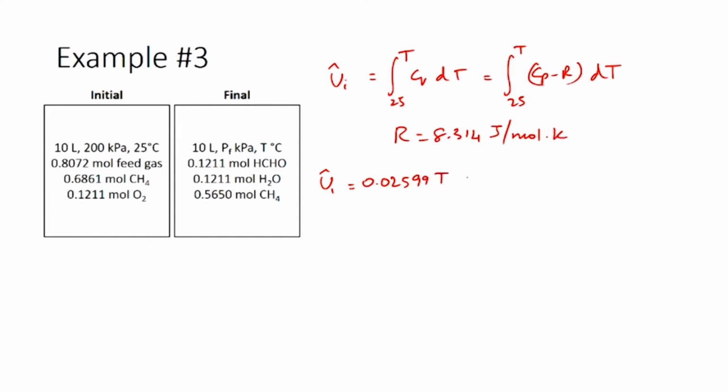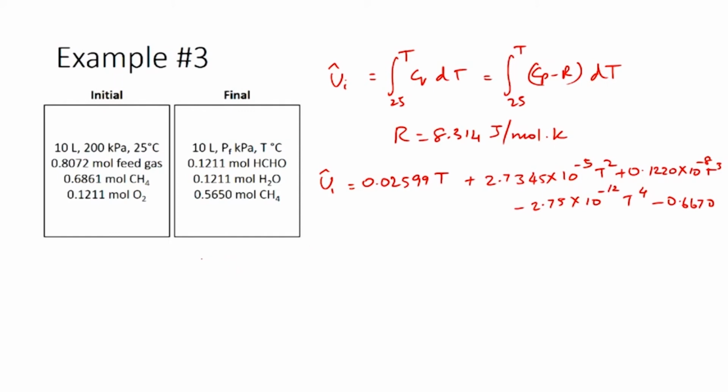So, using the CP values and the R value, we will get U1 cap as 0.02599 T plus 2.7345 times 10 power minus 5 T squared plus 0.1220 times 10 power minus 8 T cube minus 2.75 times 10 power minus 12 T power 4 minus 0.6670. This would again be in kilojoules per mole.